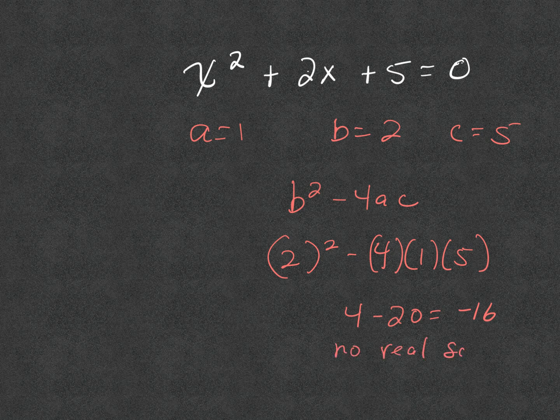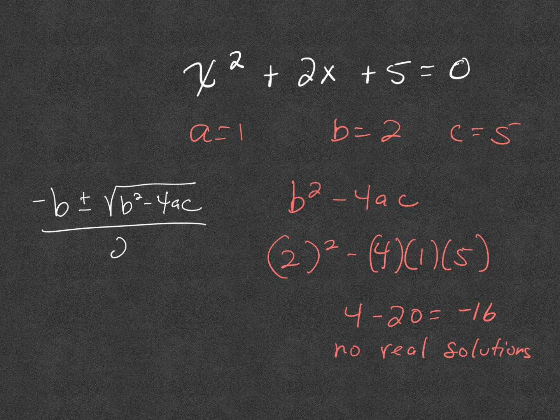But hold on. Some of you might be going on and using that negative 16. What do I mean? Well, I mean that when you use the quadratic formula, negative b plus or minus the square root of b squared minus 4ac divided by 2a, you can still put that in to get an imaginary solution. What do I mean? Well, let's put the a, the b, and the c into this formula.